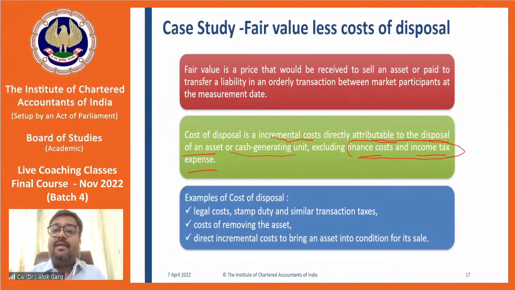Please remember this. In examination, probably the question will be tricky and will be there to confuse you, that the fair value less cost to sell is 20 lakh rupees and there may be a capital gain worth 4 lakh rupees and in the hands of the entity there will be 16 lakh rupees. Okay, so don't get confused. Cost of disposal includes only those costs which are incurred after taking a decision of sale, first of all.